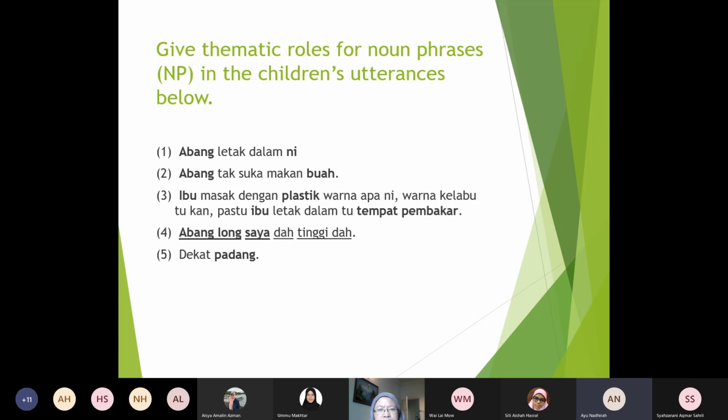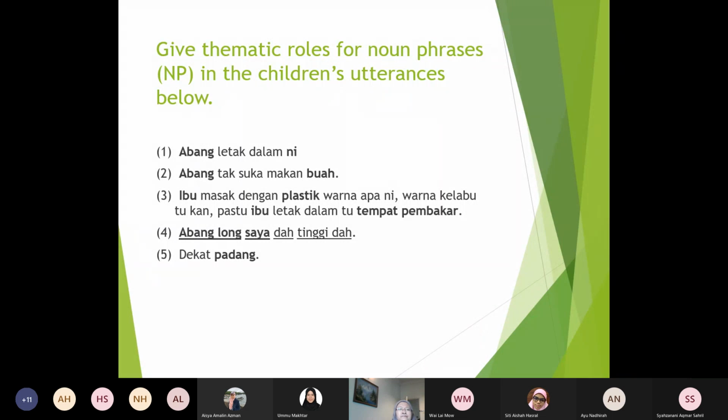Maksud dia apa? Ibu masak dengan plastik warna apa ni? So dia still instrument. Instrument, tapi ada juga whereby macam menggunakan instrument lah, menggunakan plastik.